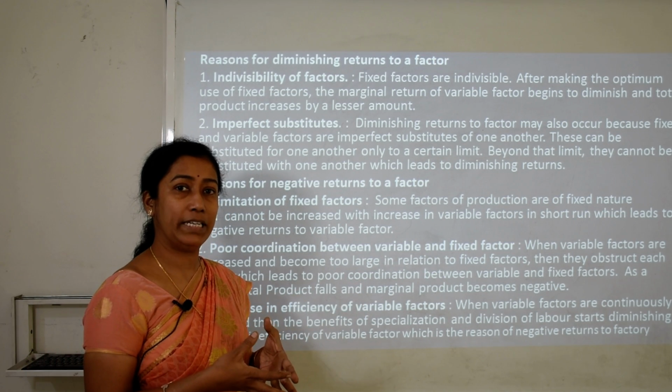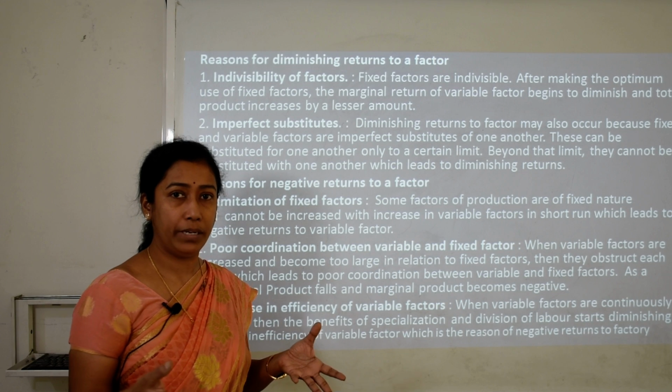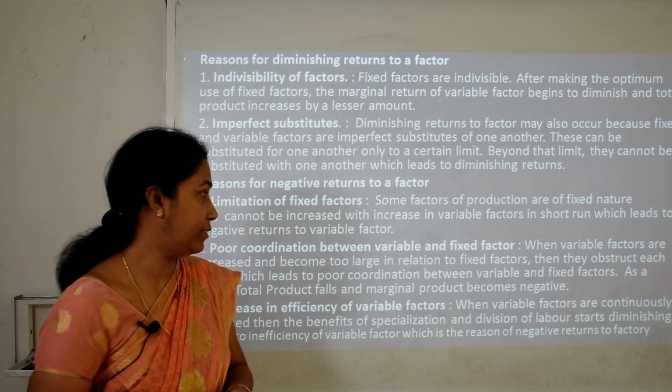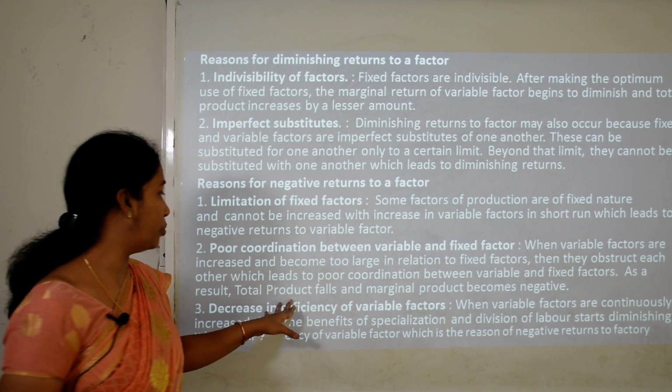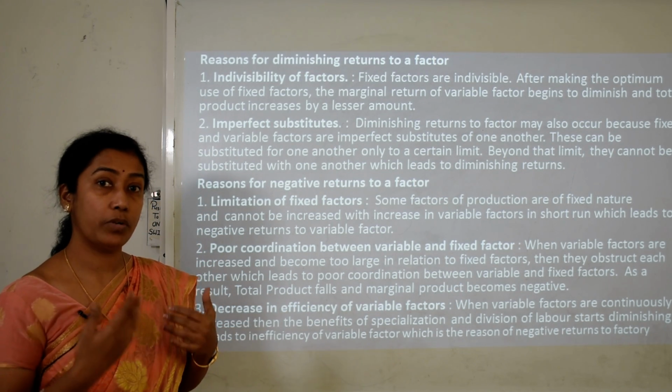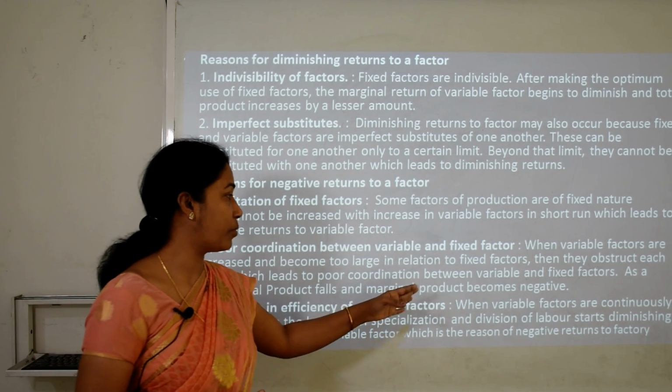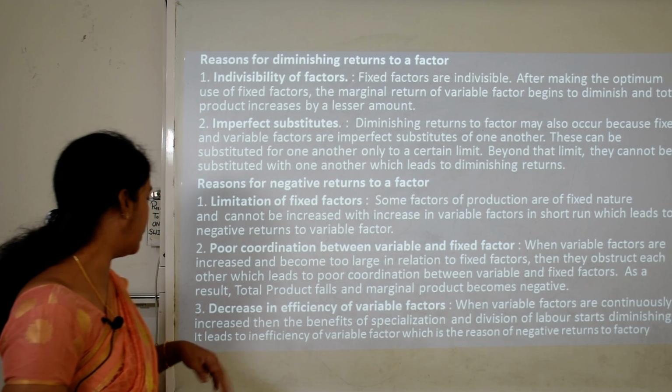Both of them are obstructing each other. Why? Because it is a bad combination when we have more laborers and a small piece of fixed factor or land. So as a result, total product falls. That means the production we have estimated is going to fall and marginal product becomes negative because of that.